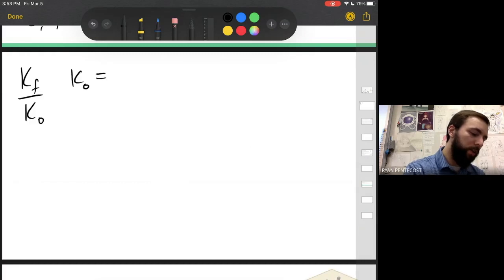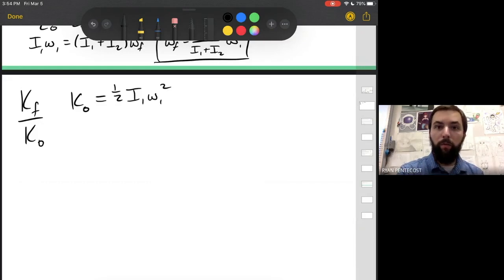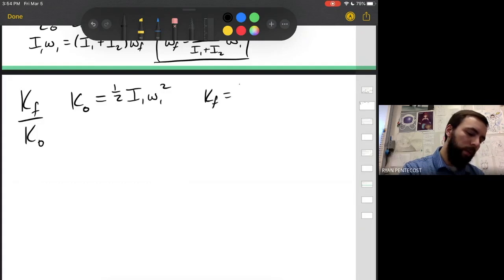K naught is pretty simple: that is 1/2 I1 omega 1 squared. Now, K final is a little different. K final is 1/2 times I1 plus I2 times omega final squared.